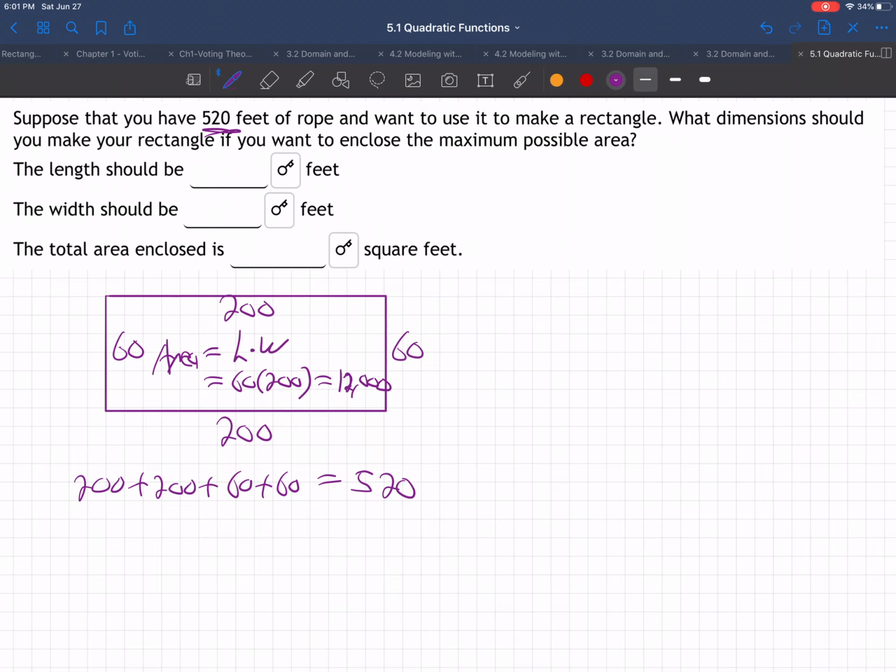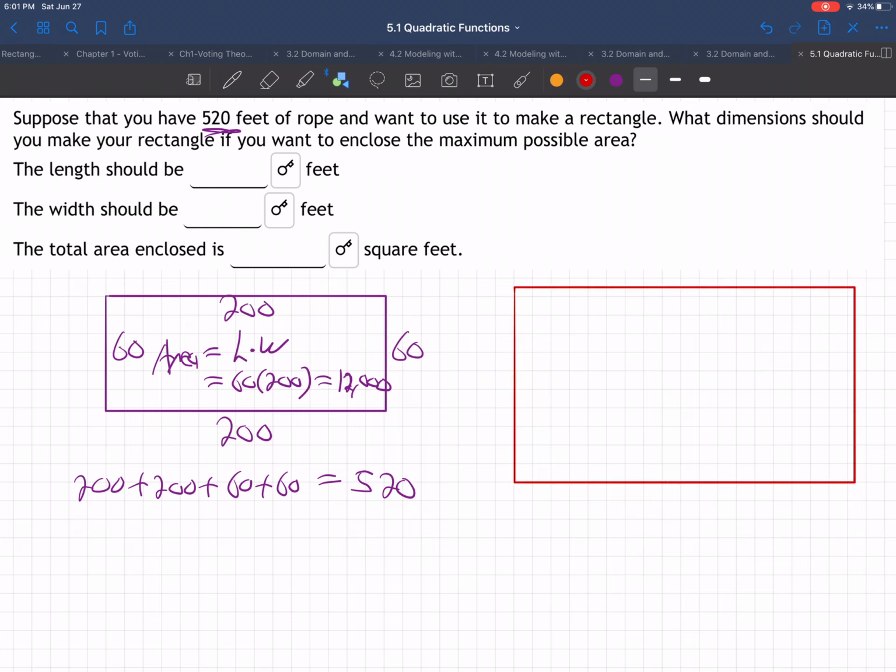Now what if we did this a little differently? What if instead we made it a little more squarish? Let's make it a little taller. Kind of like that.